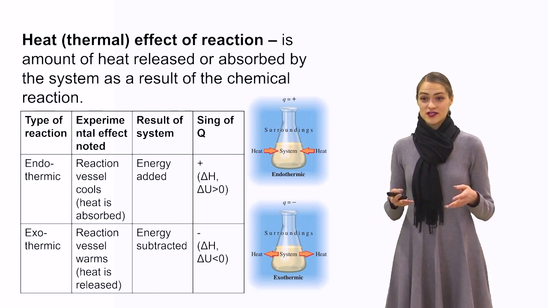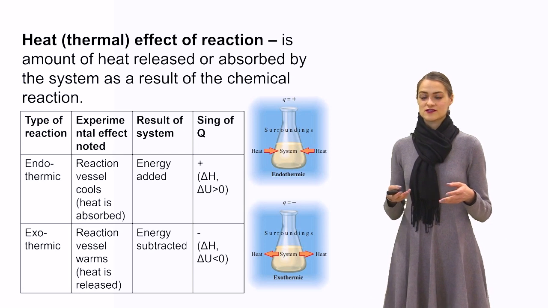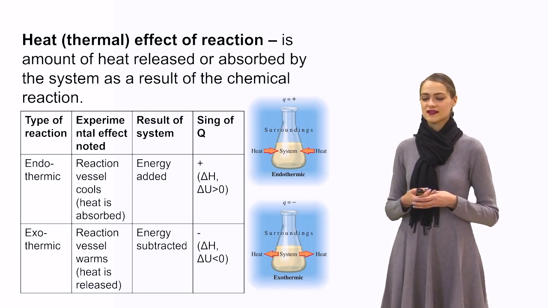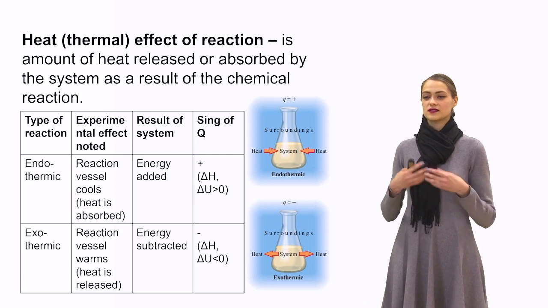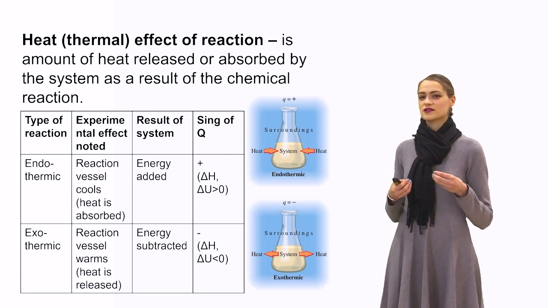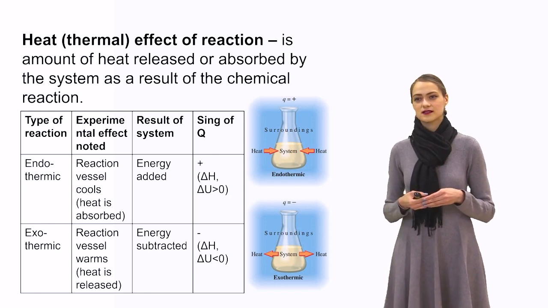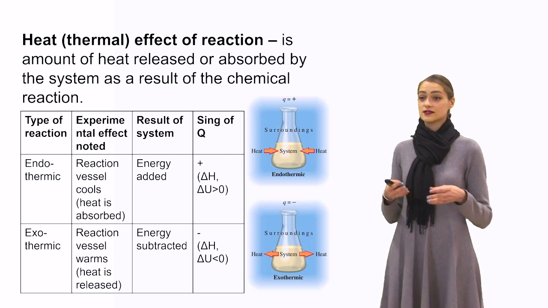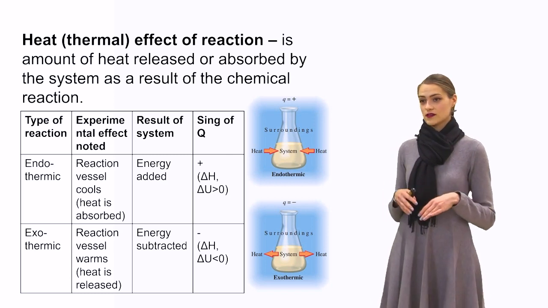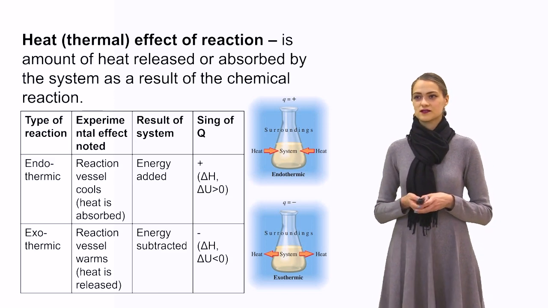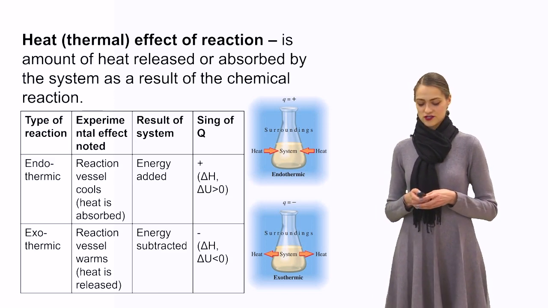So in this situation we have an exothermic reaction, so energy is released, and in comparison with the initial position, the system loses energy, so the sign of this heat is negative, so delta H and delta U are lower than zero, and you can see it in these pictures.